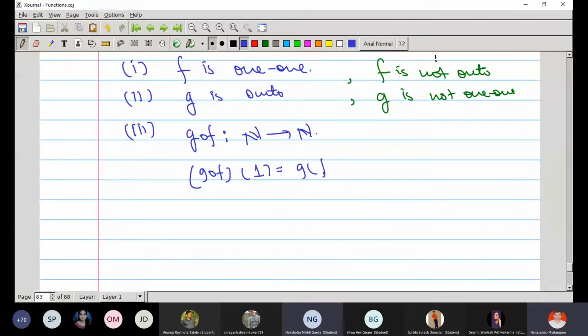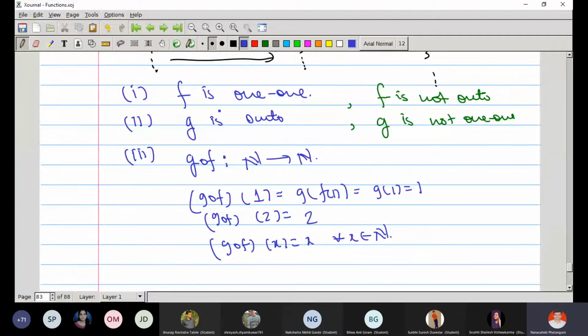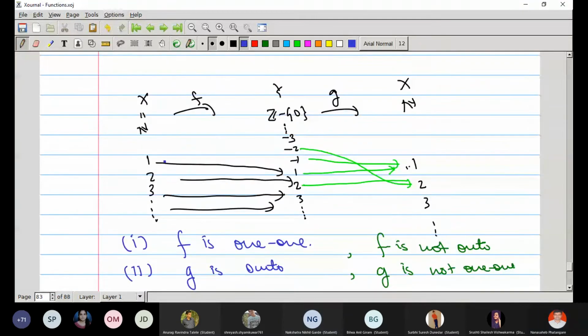So in general, g composite f of 2 is 2. Now is it true that g composite f of x is x for all x in the domain? Yes, sir. From this figure you can observe 1 goes to 1 and by g 1 goes to 1. 2 goes to 2 and by g 2 goes to 2. So therefore what is the observation? g composite f is identity.